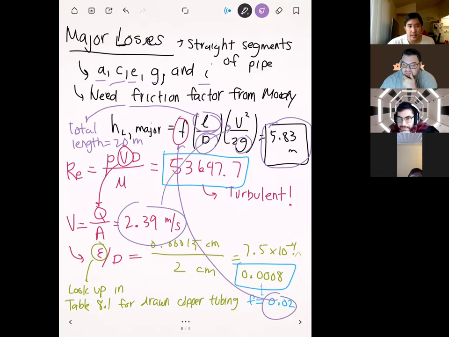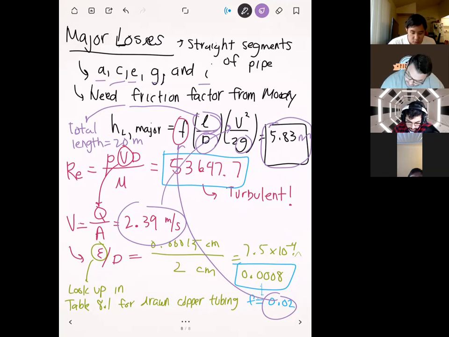You plug all that in, and the major losses are 5.83. Its units are meters. Remember, everything in head form has units or dimensions of length.